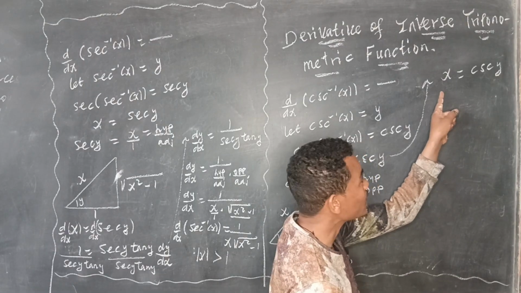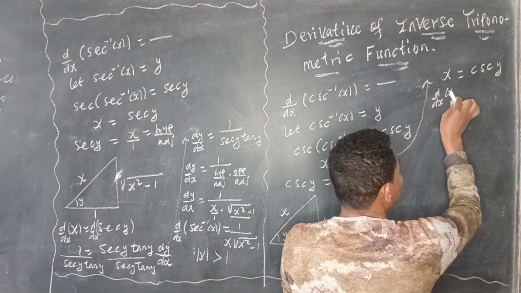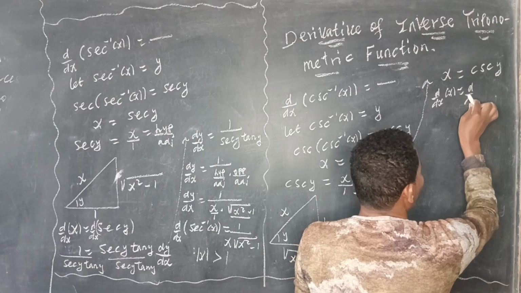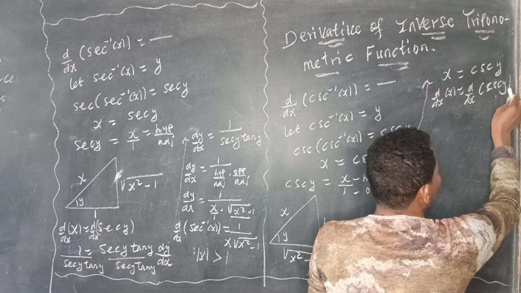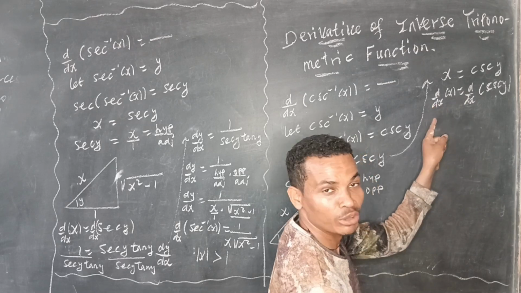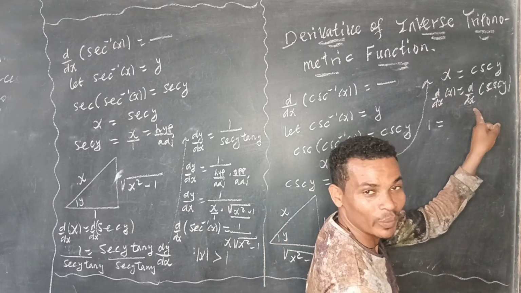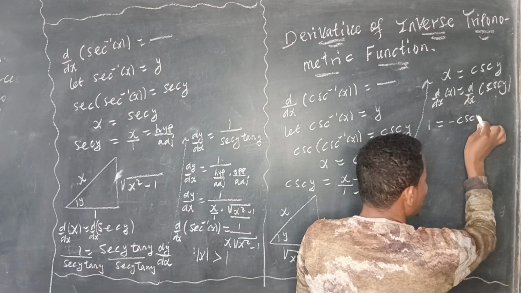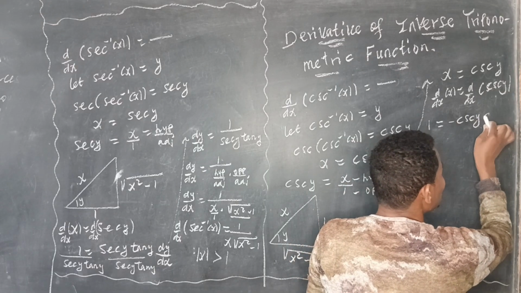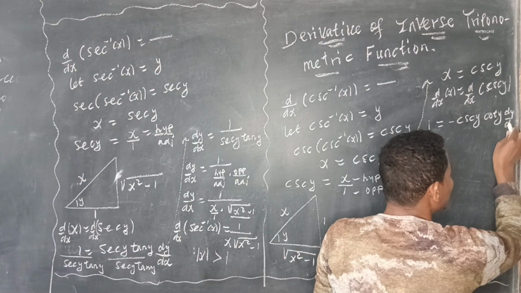Let's derive both sides with respect to x. D by dx of x is equal to d by dx of cosec y. Derivative of x with respect to x is 1. Derivative of cosec y with respect to x is minus cosec y cot y dy by dx.